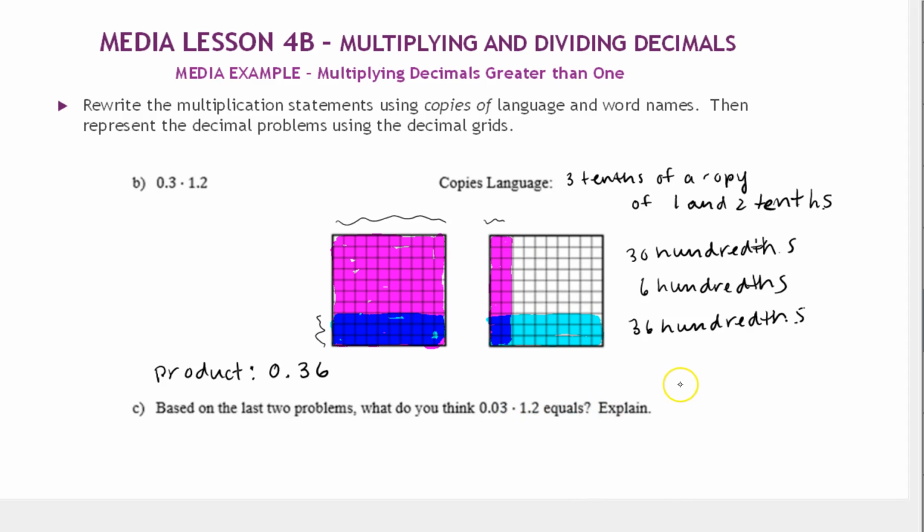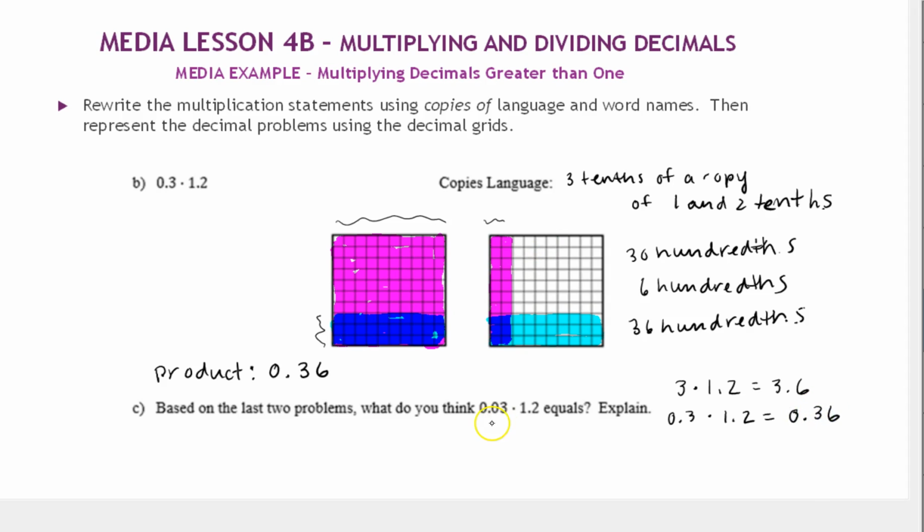So let's put our results from the previous slide. We saw that 3 times 1.2 was 3.6. In this last problem, we saw 0.3 times 1.2 was 0.36.